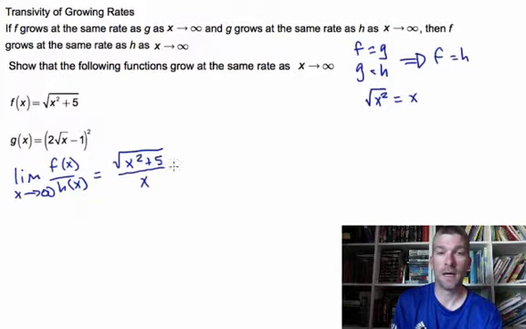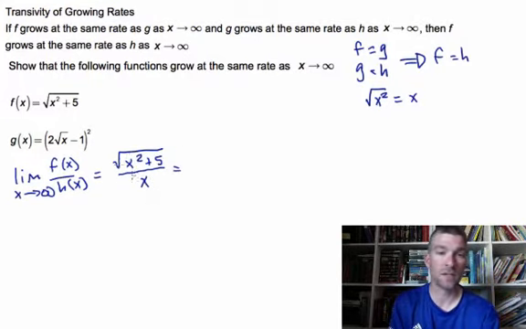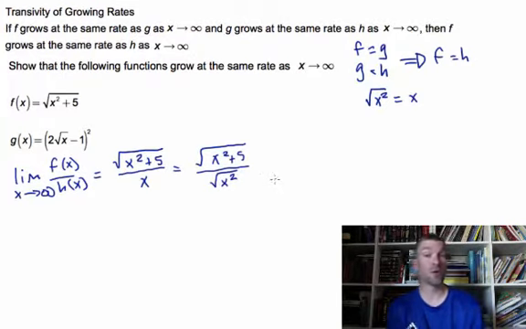Now, again, with a little bit of algebra, we want to get to a problem where we can easily find a limit as x goes to infinity. So if I've got the square root of x squared plus 5 over x, then I can rewrite this as the square root of x squared plus 5 over the square root of x squared. This follows our rules of algebra.